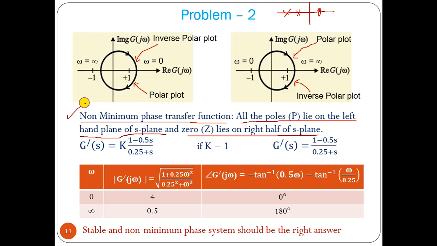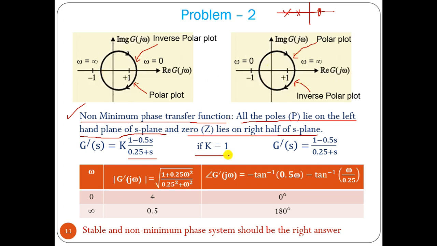That is called non-minimum phase transfer function. So let us take the example: pole on left half and your 0 on right half. Okay, 1 pole and 1 0. Now if we have 1 pole and 1 0, p equal to z, then only we will get a circle, otherwise not. So that is the logic you have to remember.